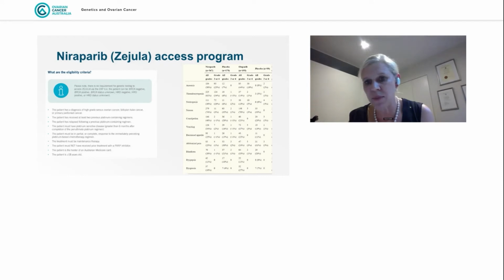So while these medications are available for use, they can cause side effects, and you may need a dose reduction if you're receiving niraparib.